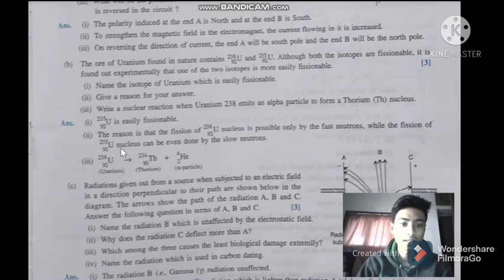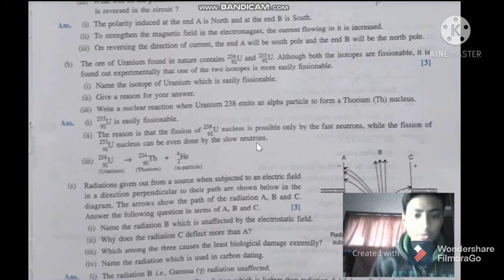The reason is that uranium 238 is fissionable only by fast neutrons, while the fission of uranium 235 can be done by slow neutrons. That is why it is much easier for uranium 235 to undergo fission by slow neutrons.